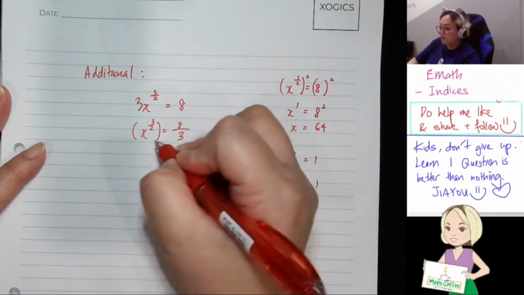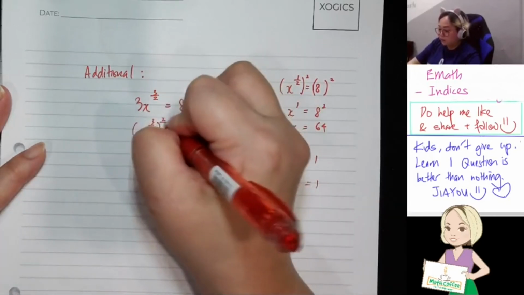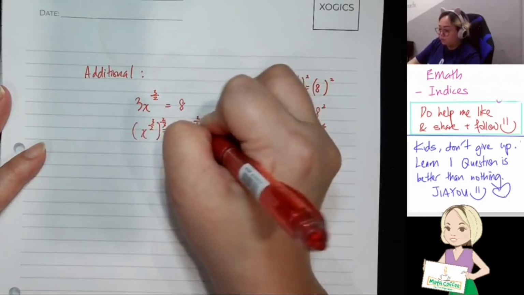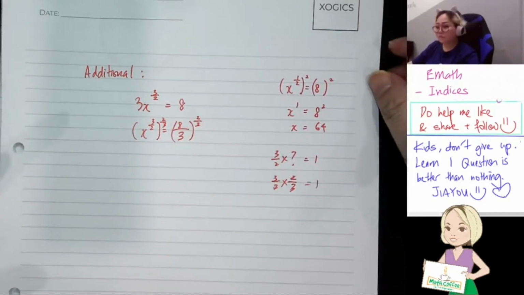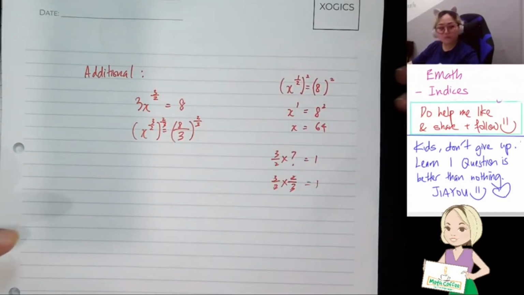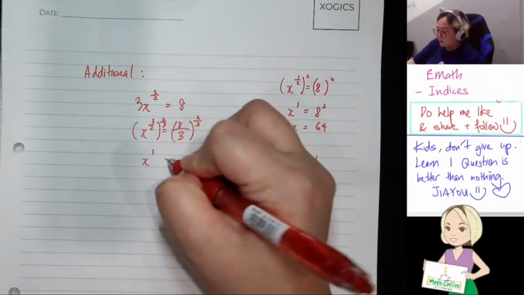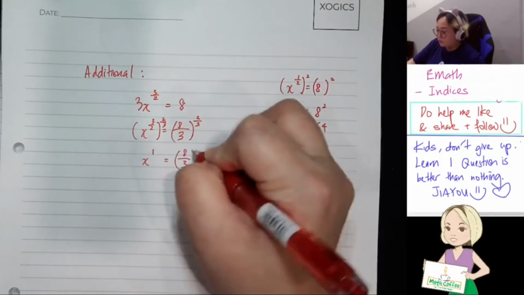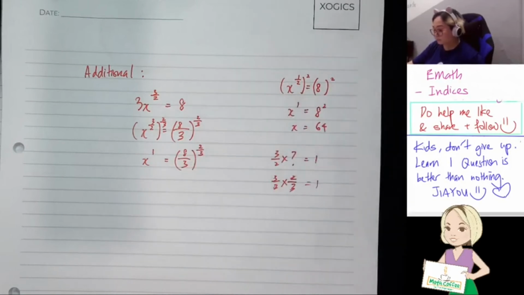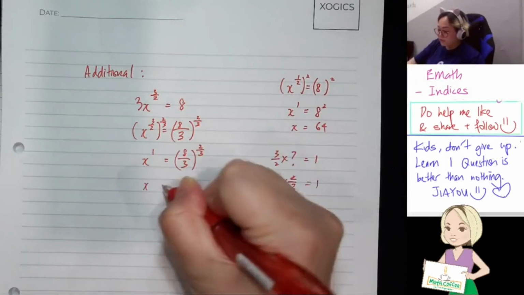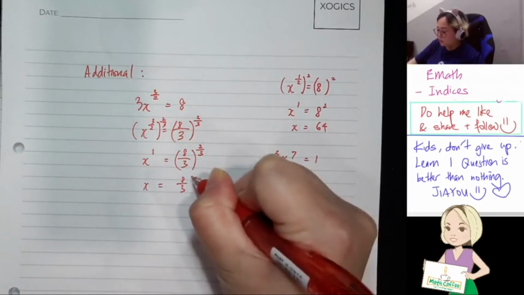So I will raise both sides to the power of 2/3. So it becomes x to the power of 1 equals 8/3 to the power of 2/3. So it's just x equals 8/3 to the power of 2/3.